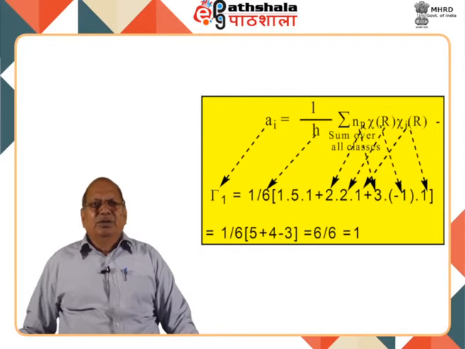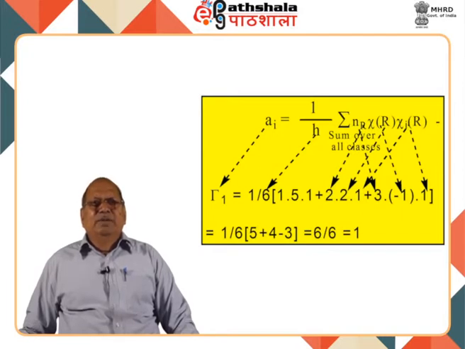And let us take the equation 1 and let us try to find out a_i. Here a_i is tau 1, that is how many times tau 1 repeats. h is the order of the group, that is 1 by 6, and within bracket we take now the sum over all classes. n_R gives the number of operations in the class. It is here 1, then chi are the characters of the reducible representation for a particular operation. Here in the first it is 5. So, like this 1 into 5 into 1 plus 2 into 2 into 1 plus 3 into minus 1 into 1.